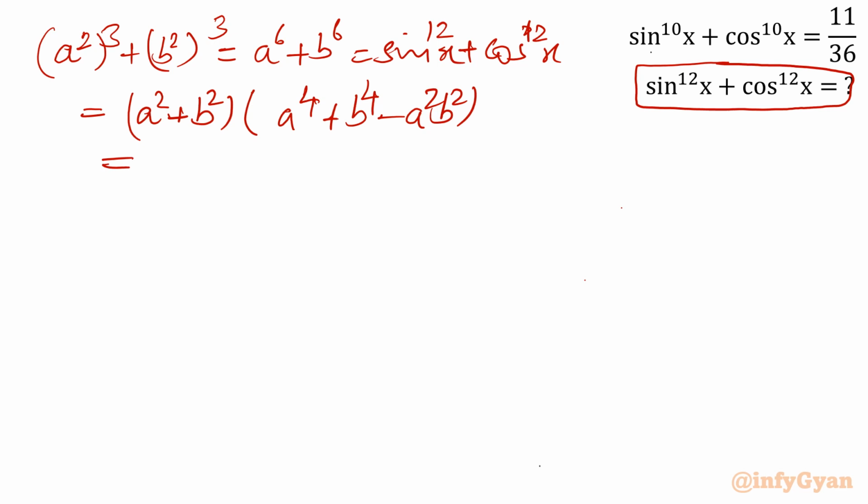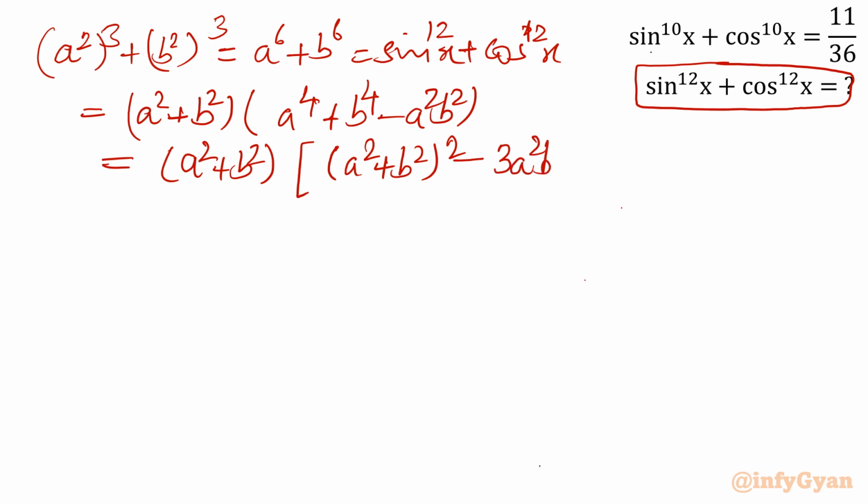We have already calculated this. In terms of whole square, I can write (A square plus B square) whole square minus 3A square B square. Now I am going to put the value of A square plus B square equal to 2 by 3 and A square B square equal to 1 over 36.